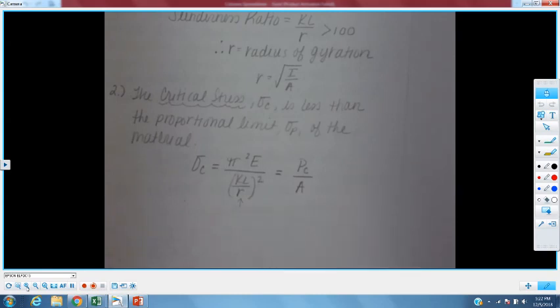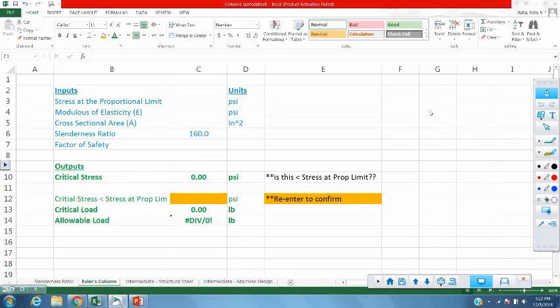I also want to input what my proportional limit stress is so that I have that as a reference, and that's usually given in a problem. So up here, stress at the proportional limit, I'm going to use the number 36,000, which is typical for steel.